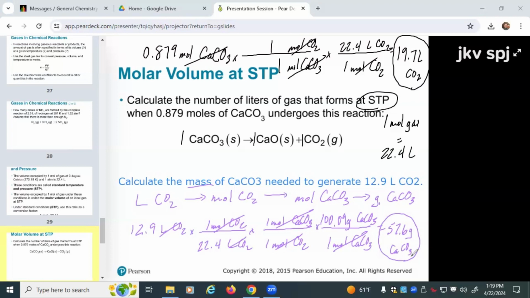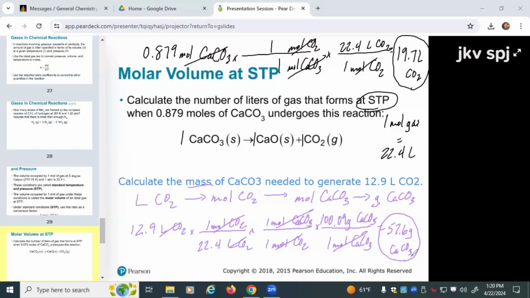And so, as far as stoichiometry is concerned for gases, this is as complicated as it gets. All of the problems in your homework set, all of the problems in the bonus quiz, all of the problems on the exam on Wednesday are all at STP.